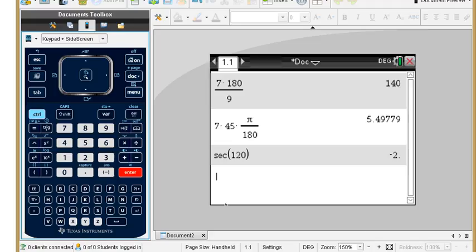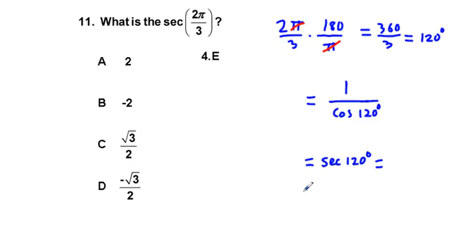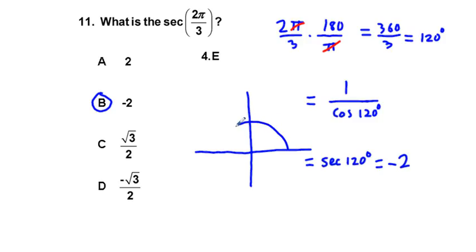Now, with the special right triangles, we would be able to get this right as well. We go over here, and 120 degrees is like this kind of rotation.